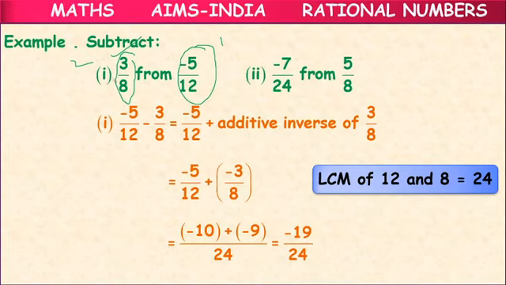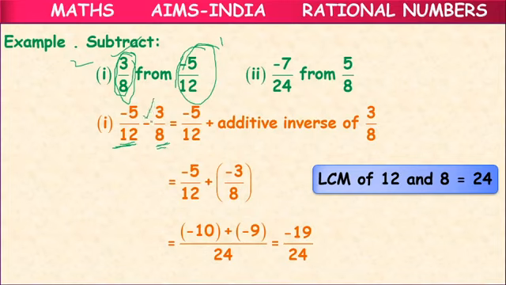We should not write 3 by 8 first. Why? According to the question, what does it mean? Subtract 3 by 8 from minus 5 by 12. So minus 5 by 12 we have to take as the first rational number, and 3 by 8 we have to take as the second rational number.